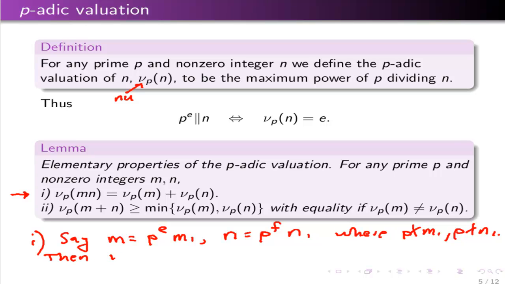Then when you take the product, you're going to have p to the e plus f times m1 n1, and so the multiplicity of p dividing the product is just the sum e plus f. So this is just trivial.